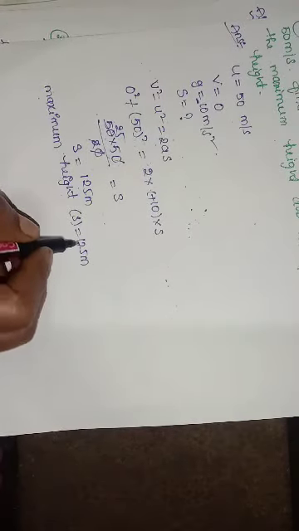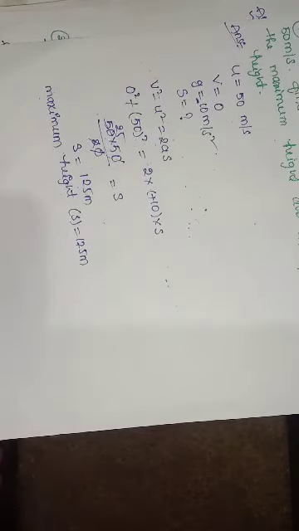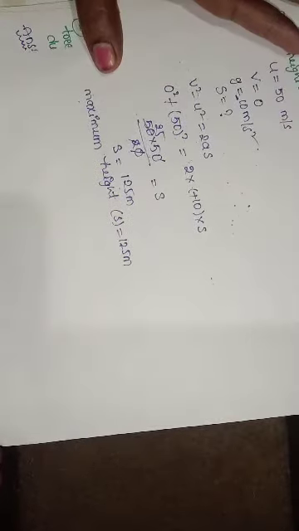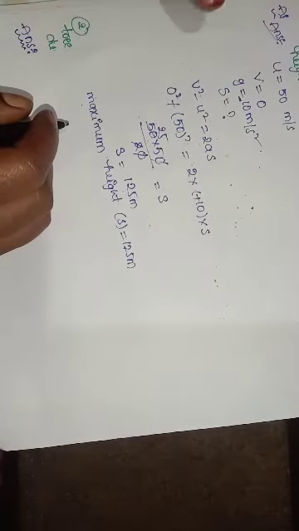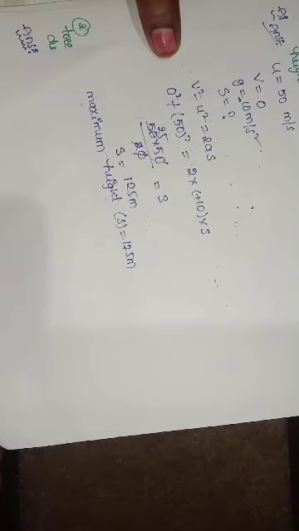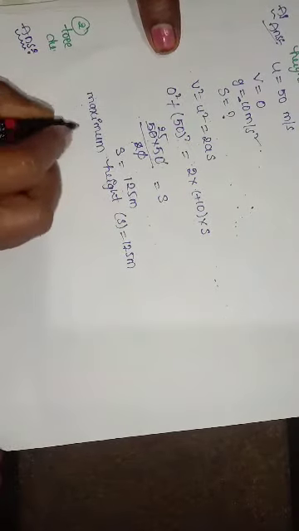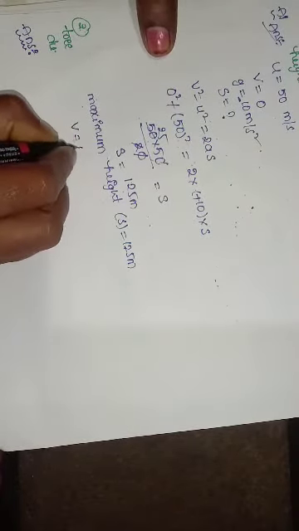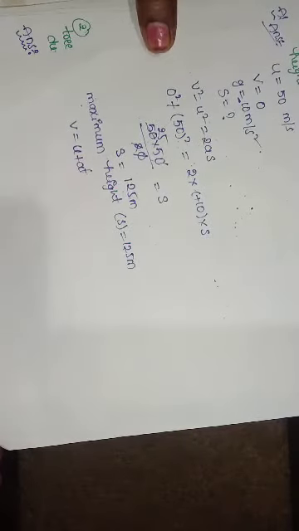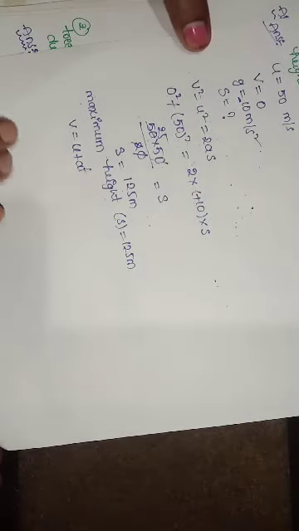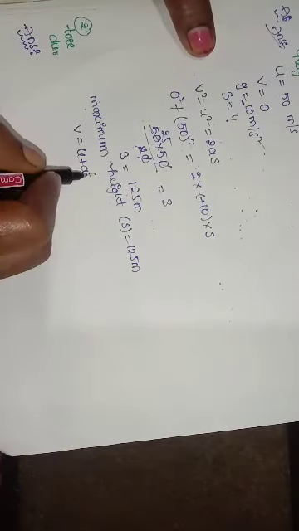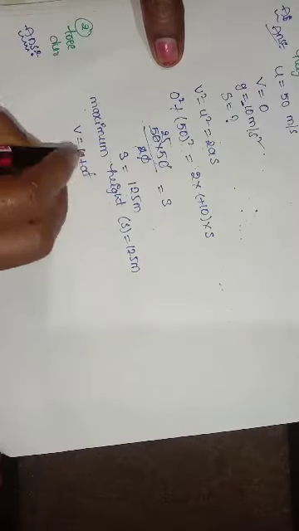Okay, so next time. We need to find the time to reach the maximum height. Time is nothing but just we have to apply the first formula, v is equal to u plus at, because we know final velocity, initial velocity, and a value or g value.